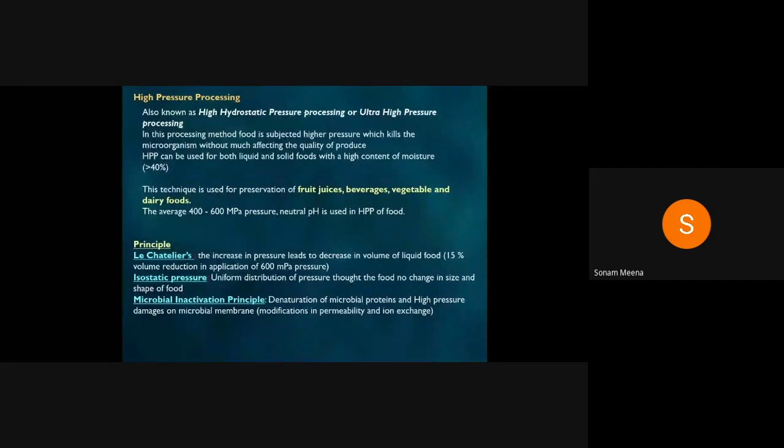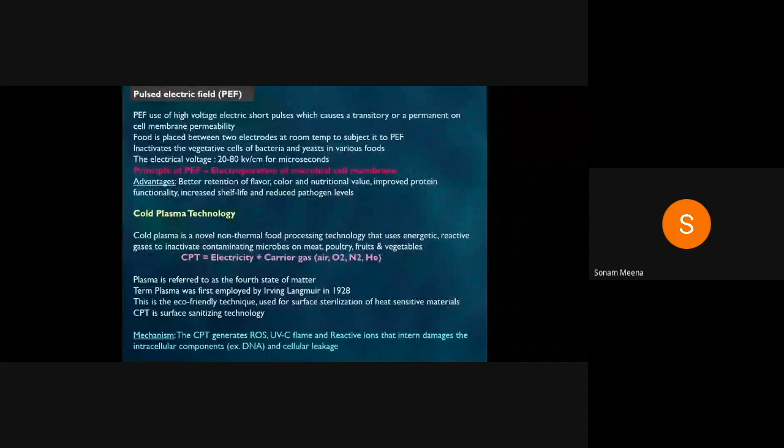This much is enough. And then pulsed electric field, its principle is electroporation of the microbial cell membrane. Means due to the high electric field, it will cause the death of the microorganisms. Next, cold plasma technology contains electricity plus carrier gas: air, oxygen, nitrogen and helium.